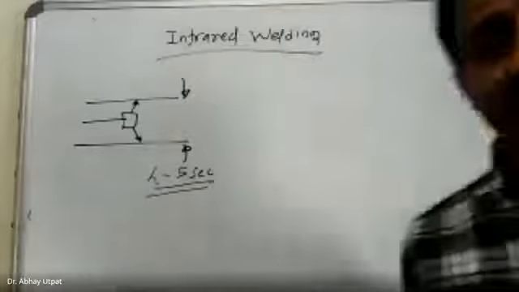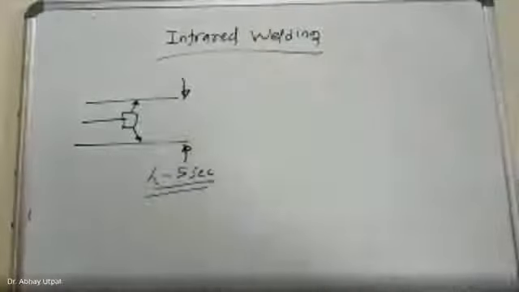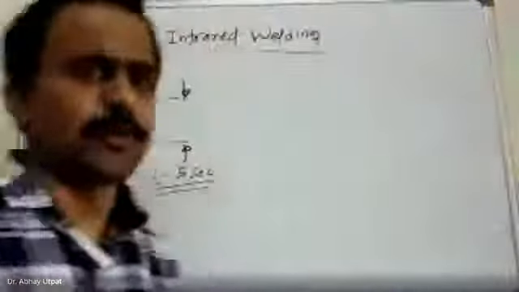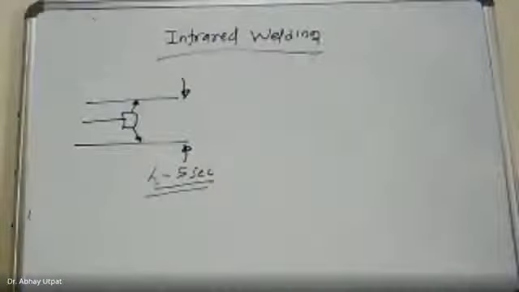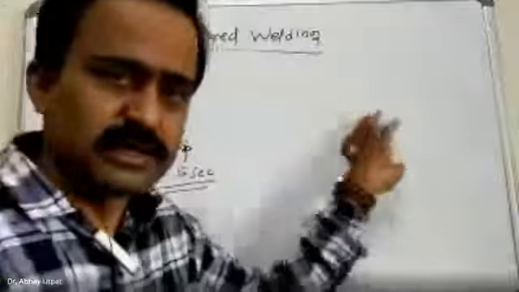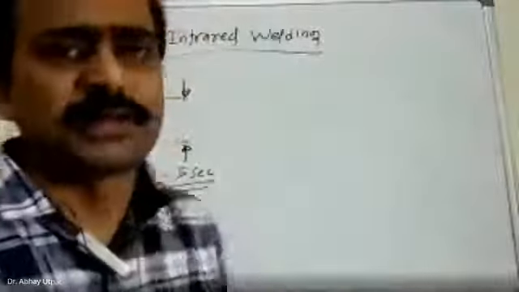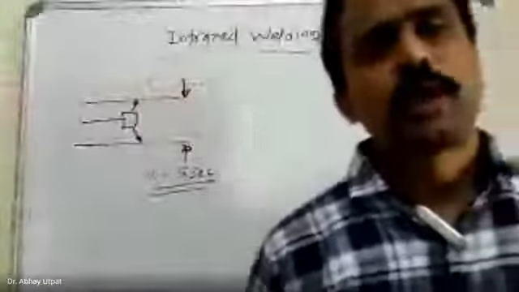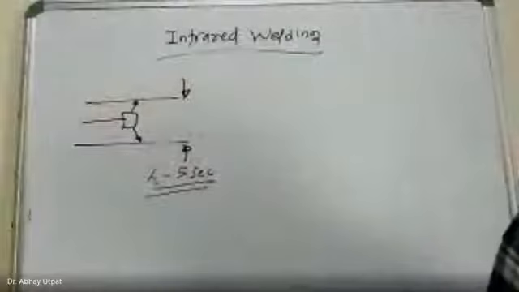Rate of production is very high, and high consistent and low scattered mechanical properties will be observed in infrared welding. Scattering of properties is one of the important disadvantages in many welding processes. At this point, properties are very different. At this point, scattering of the properties. So in the case of infrared welding, you will observe minimum scattering of the properties of the weld.